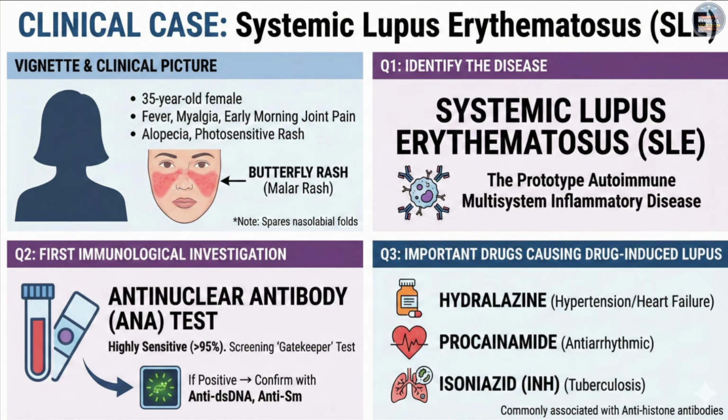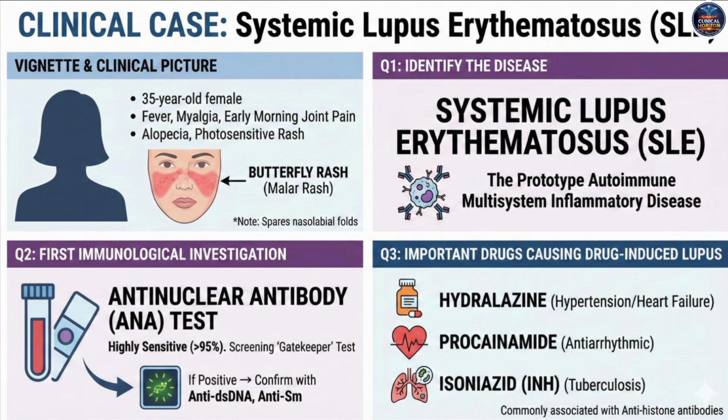Question number 3. Name 3 important drugs that can give rise to such lesions. The question is asking about drug-induced lupus erythematosus. While many drugs have been implicated, there is a classic triad that every medical student must know.